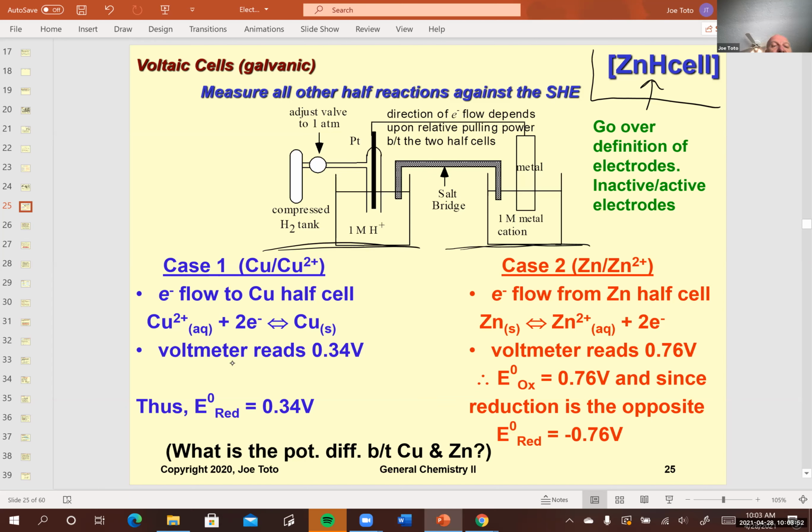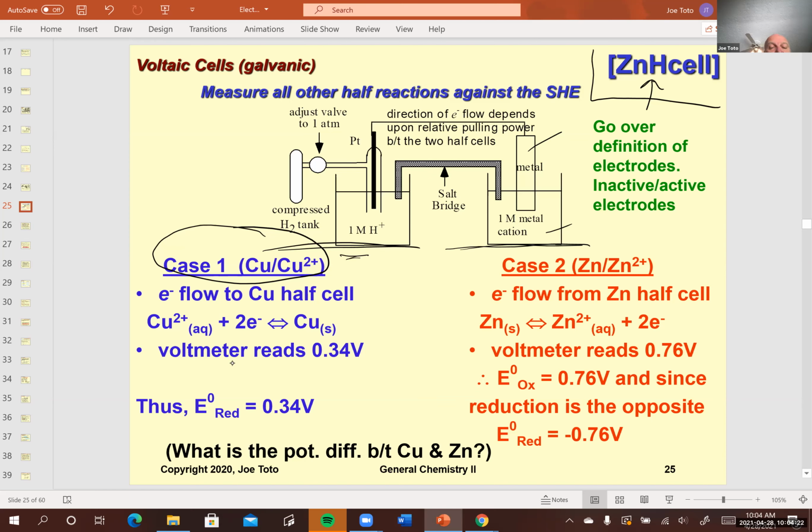Now, when the electrode on the right is copper, we have a copper metal here and a 1 molar copper 2 plus solution. We hook it up, and we find that the electrons flow from the standard to the copper, and that takes place spontaneously.